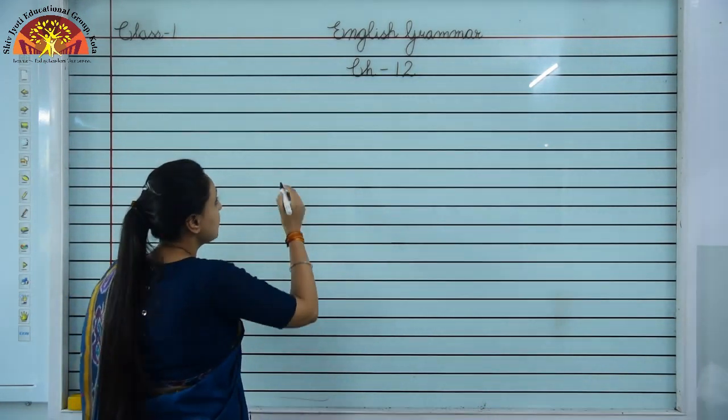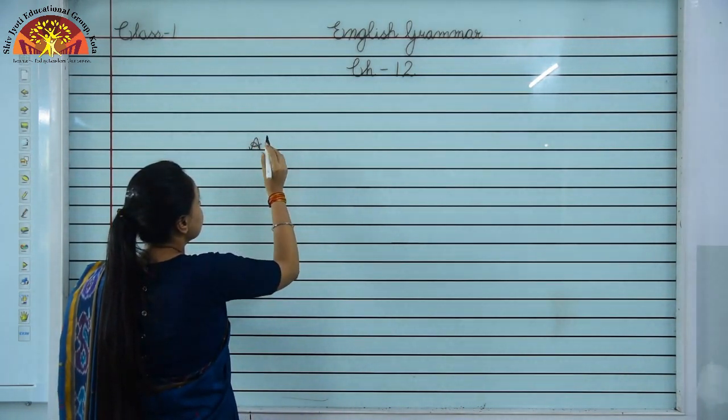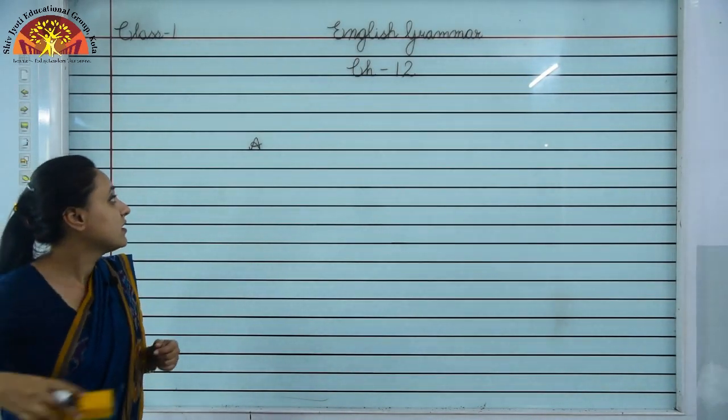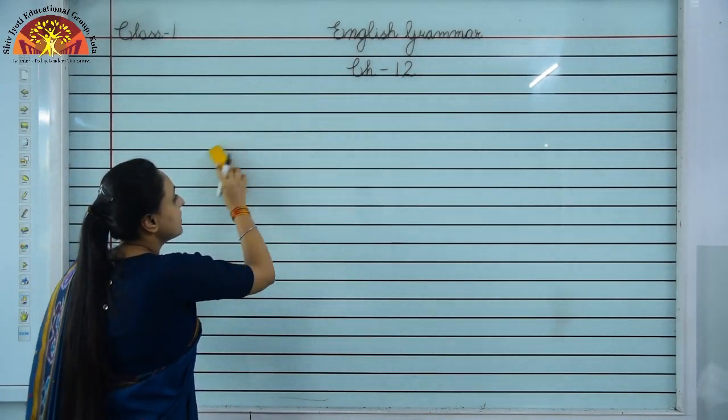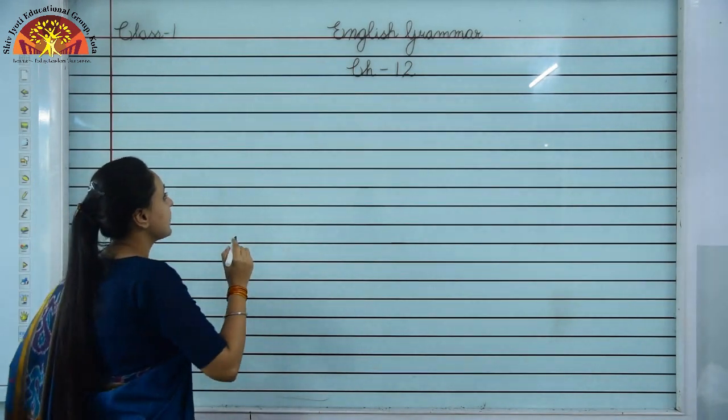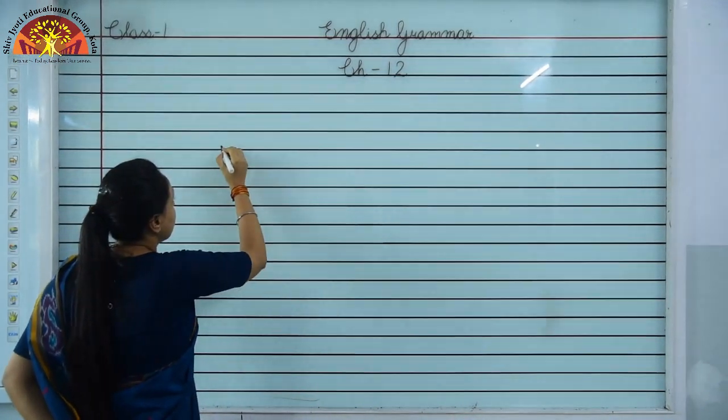So children, you all know there are 26 letters in an alphabet, okay. How many letters are there in an alphabet? There are 26 letters. Let us see.